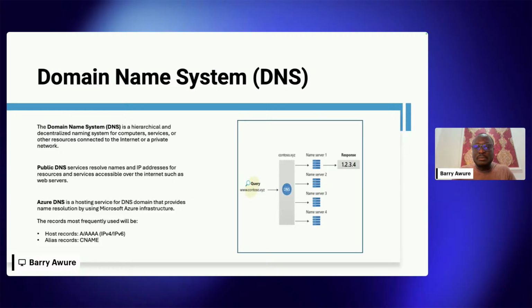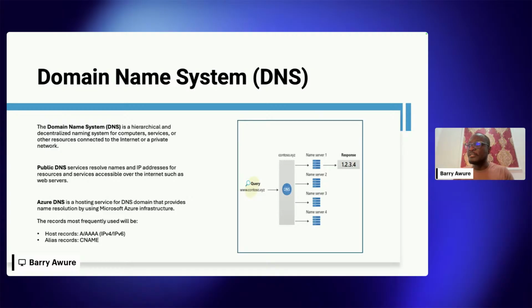You can give them names internally with your own private DNS server that helps with name resolution from IP address. Anything within your network or your system that requires an IP address, you can use a domain name resolution system to help manage those IP addresses by giving them names that can help you remember them quickly.